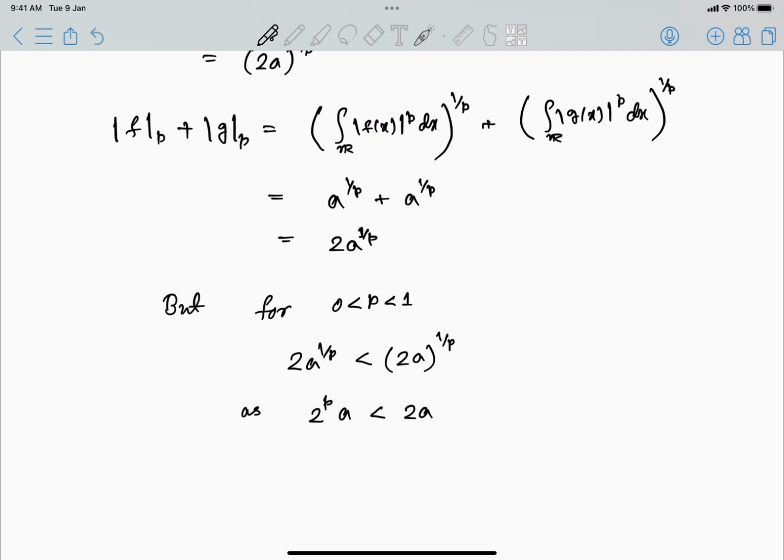So this is true because p is less than 1. So for p less than 1, this is true.